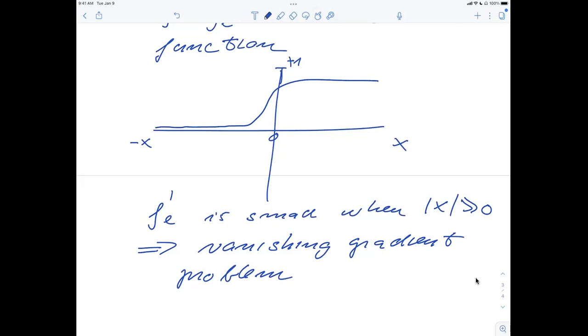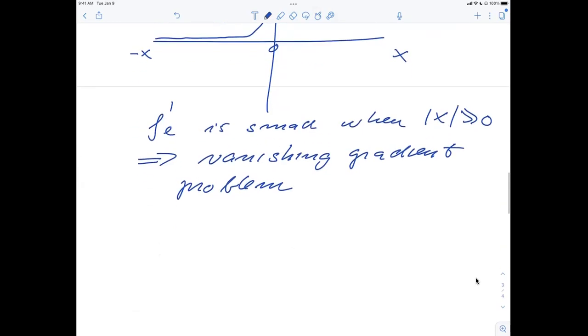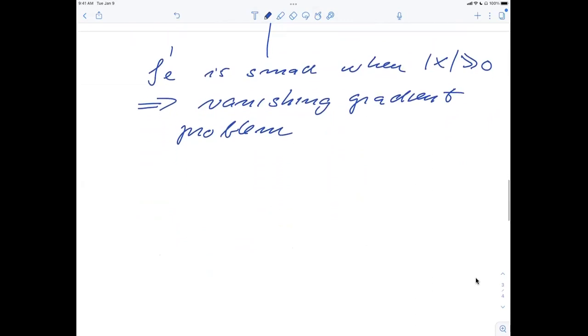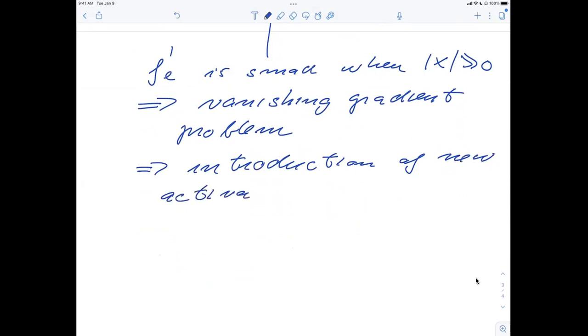So this is a notorious problem with neural networks, and that has led to the introduction of other types of activation functions. So that's why you should view these activation functions as a kind of parameters.